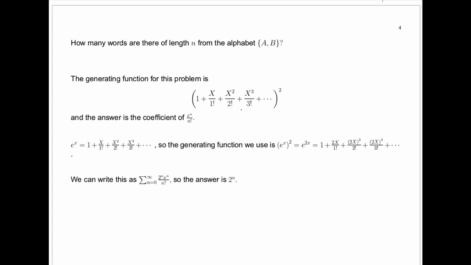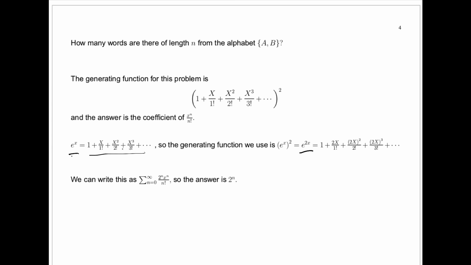And here's why we call these exponential generating functions. This series is exactly the power series for the function e to the x, the exponential function. So this generating function for the problem, how many words are there of length n from this 2-letter alphabet, is just e to the x, all quantities squared, which is the same as e to the 2x. And how do we write down e to the 2x?